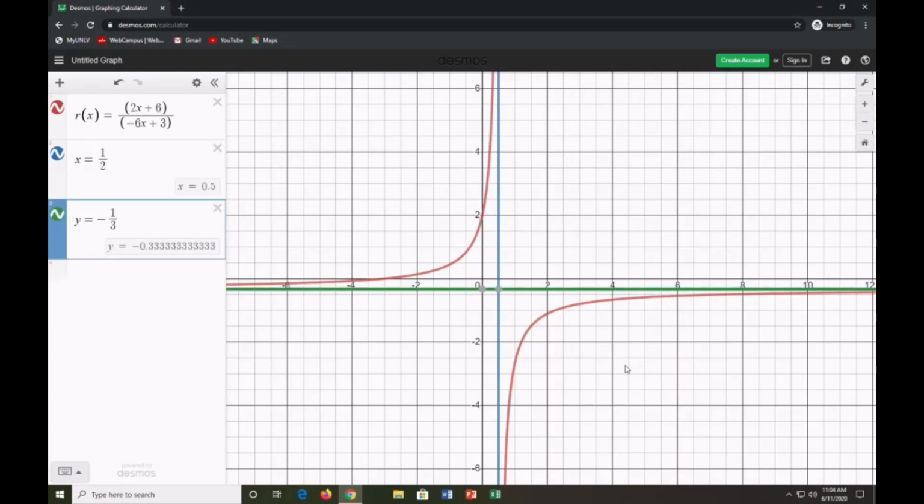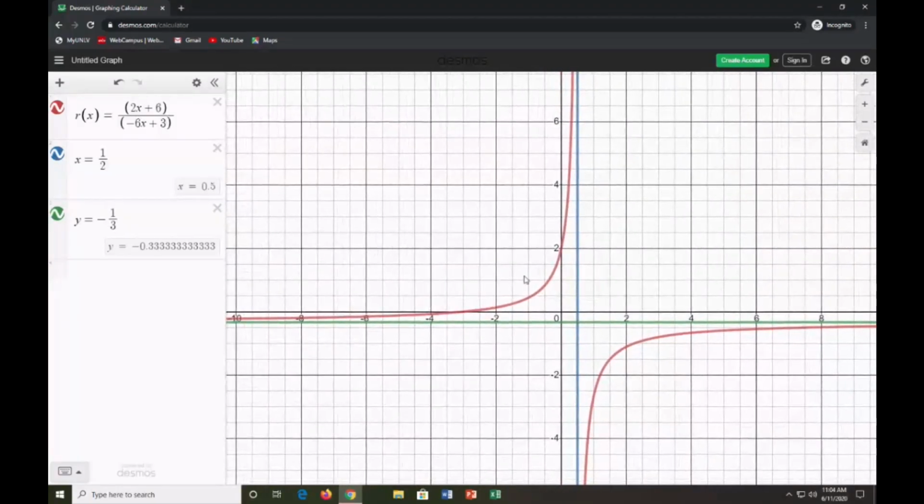You can see clearly that the lines of the graph approach it like that. Look how nice and smooth this first piece is on the computer, and how nicely it approaches the vertical asymptote, the blue line, and the green line, which is the horizontal asymptote.